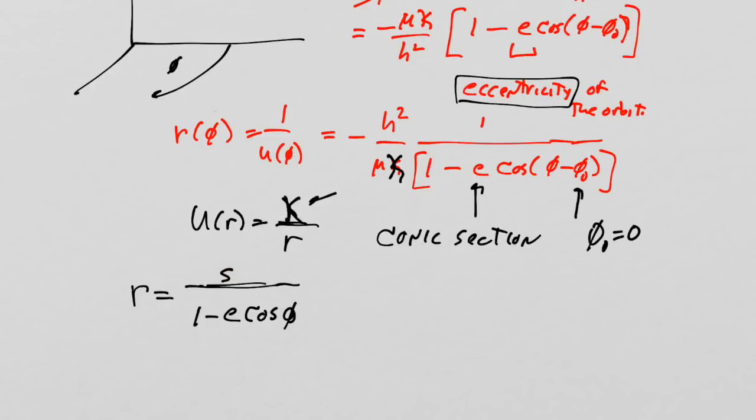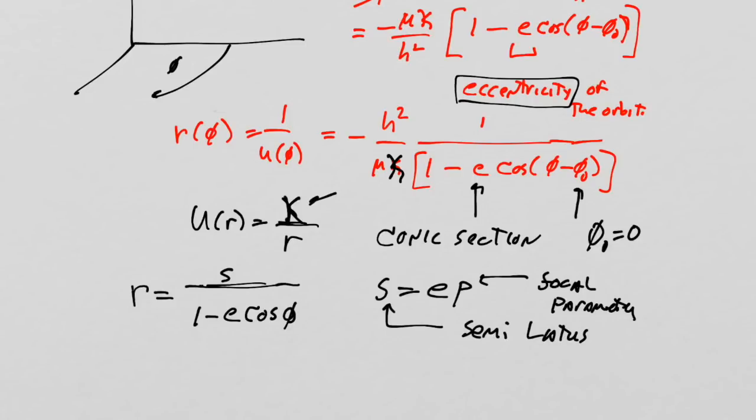S is called the semi-latus rectum, where S equals the eccentricity times P, where P is the focal parameter.